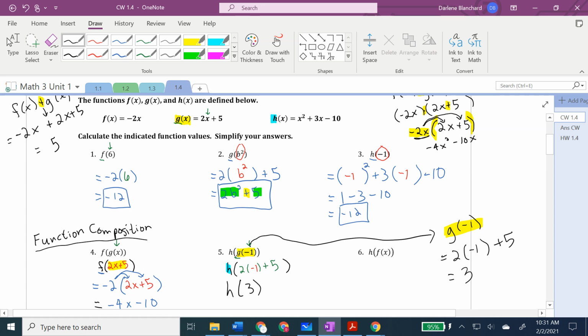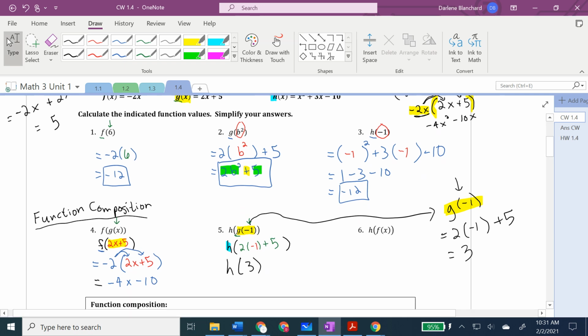You want to find the approach that makes the most sense to you. Some people find it easier to break it up into a smaller problem and then bring that smaller problem back in. At this point, you now are looking at h of 3.